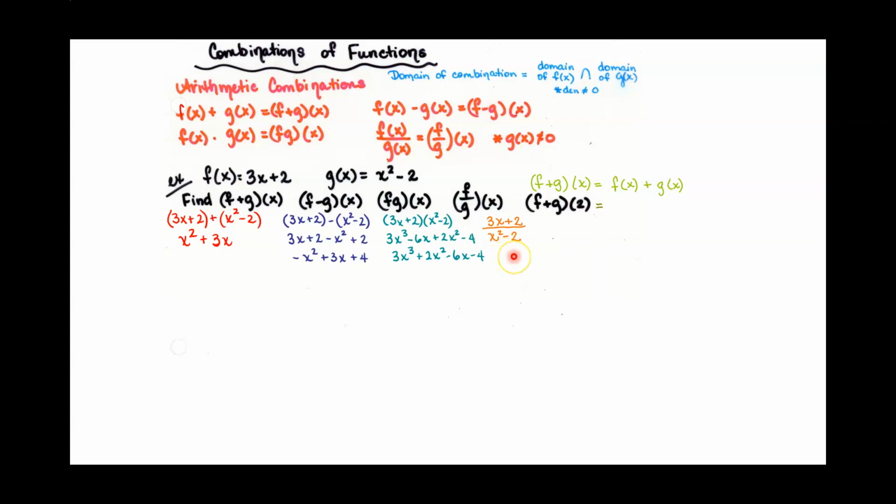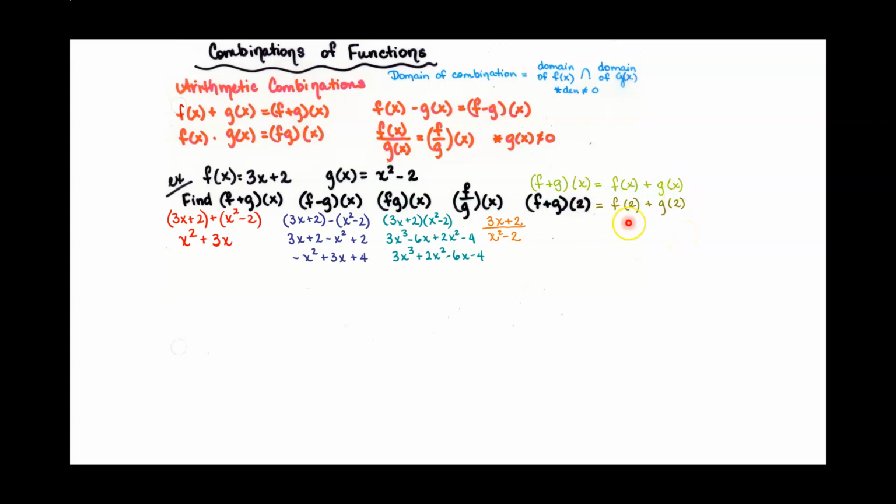Now, we also can do combinations with values. So instead of f plus g of x, I can do f plus g of 2. So if f plus g of x literally means f of x plus g of x, then f plus g of 2 just wants me to put 2 in the place of x.